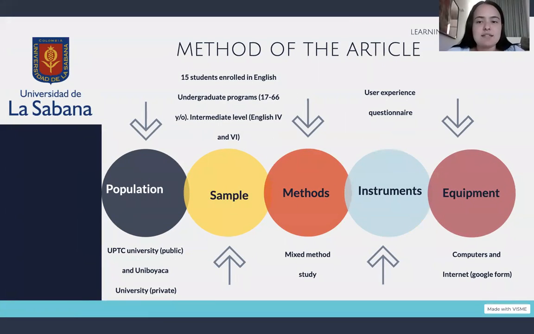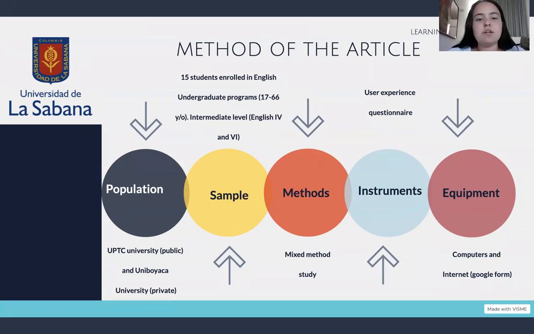So now this is the structure of the method we followed for this study. First we have the population. It included students from a public and a private university.